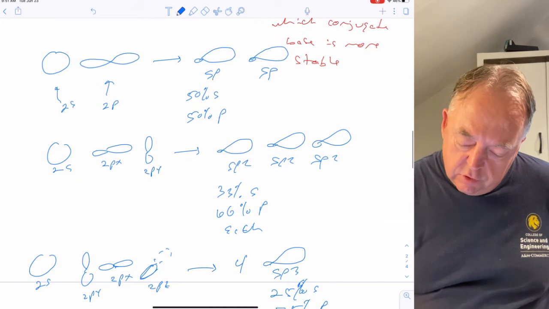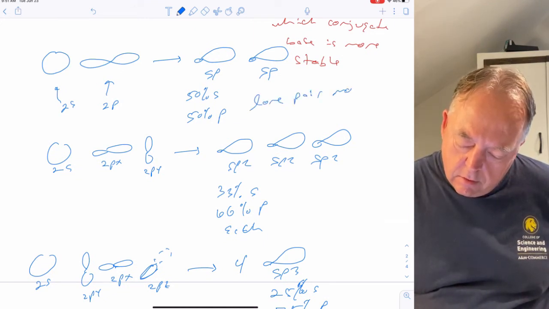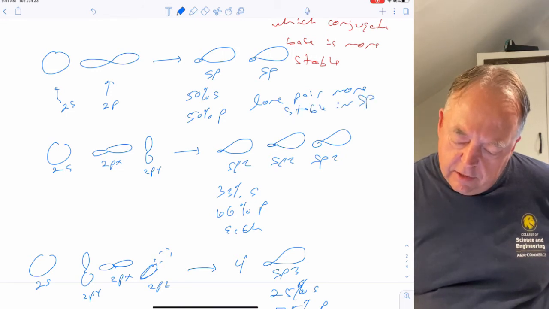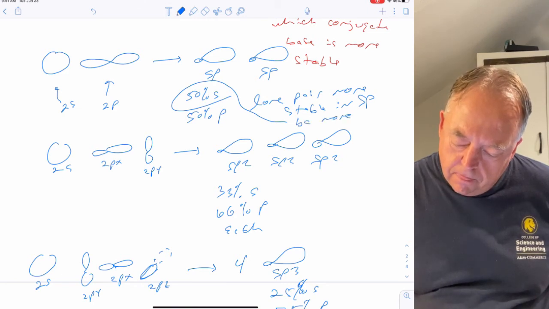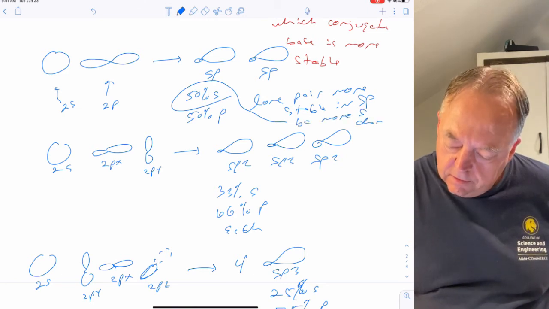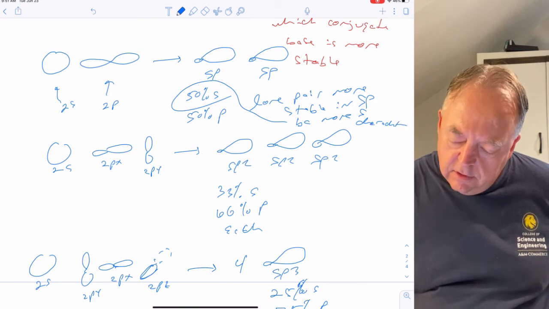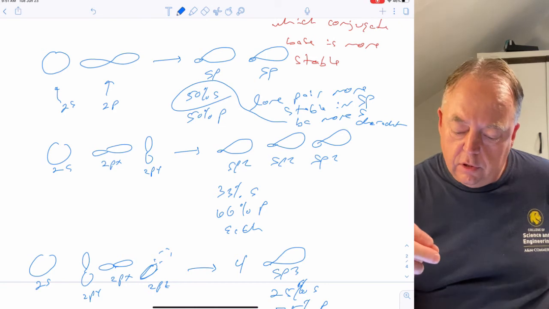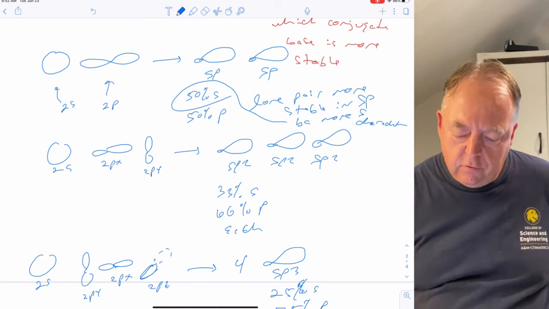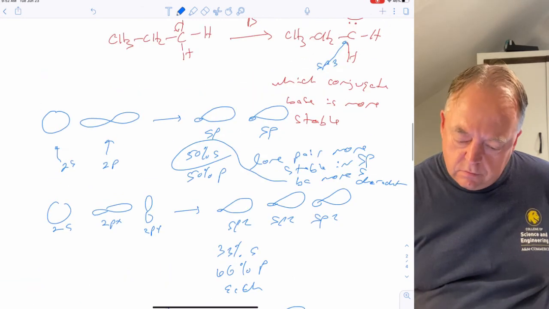So the lone pair would rather be here, because it's got more s character. In essence, those electrons would be closer to the nucleus of the atom, and the nucleus has the protons, so that would be a stabilizing interaction.